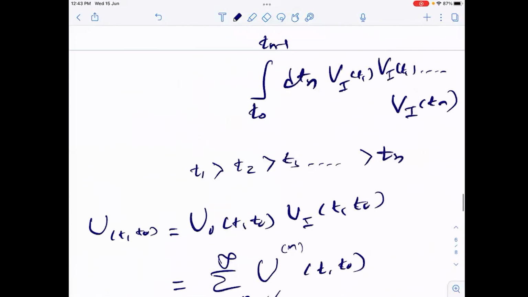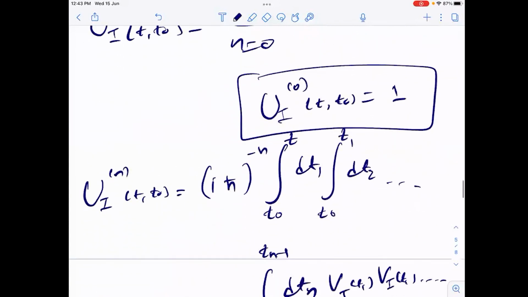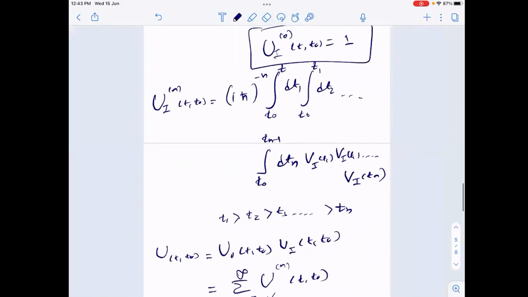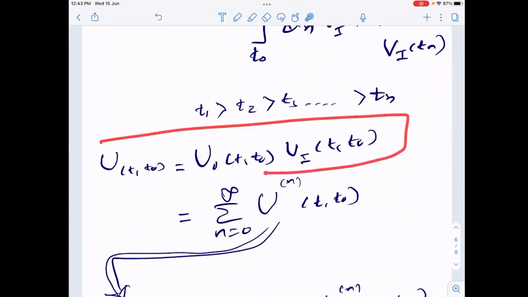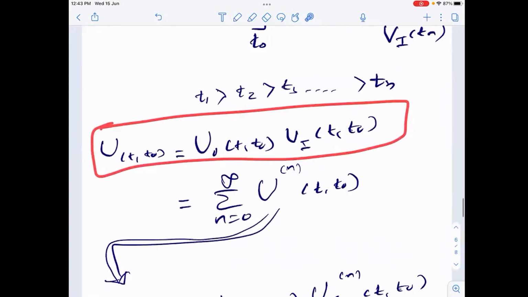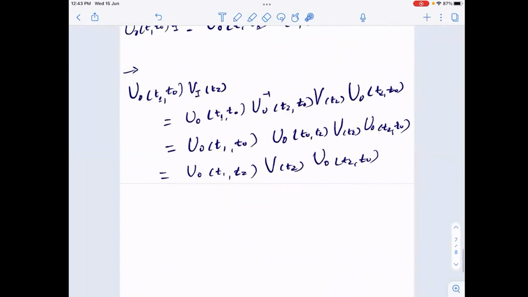Just one doubt. The terms that we finally derived are U naught T2 comma T naught multiplied by VI T2, right?